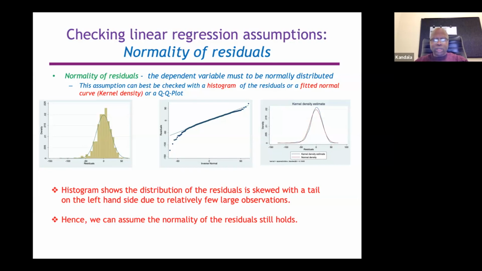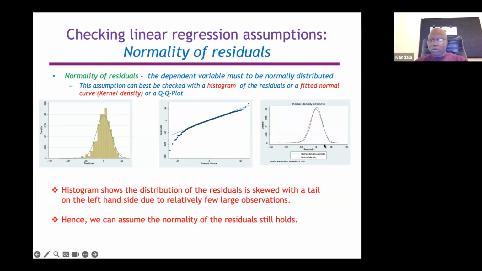And you can also do the QQ plot, which is here, the quantile plot, or this is the kernel density plot.